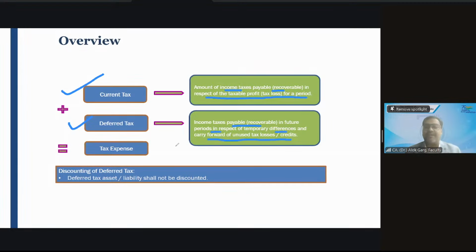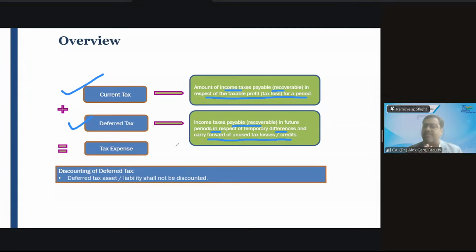Income taxes payable or recoverable in future periods in respect of temporary differences and carry forward of unused tax losses or credits. What is this? This is deferred tax. Current tax pertains to the taxable profit or loss for the current period, for the financial year. And deferred tax refers to income taxes payable or recoverable in future periods.